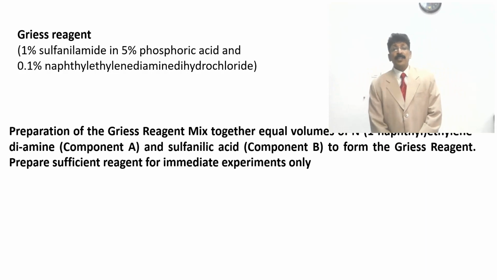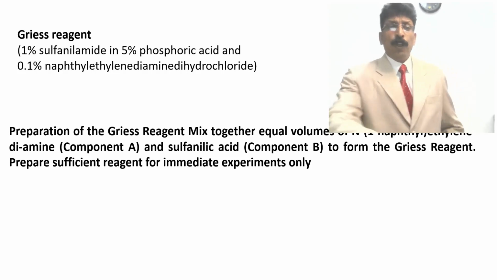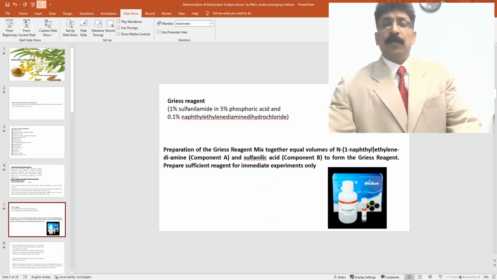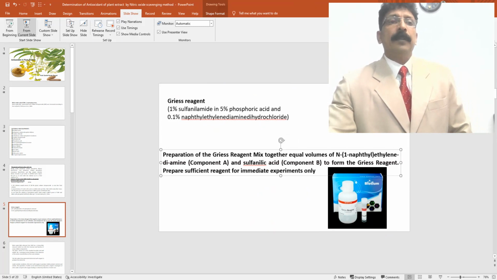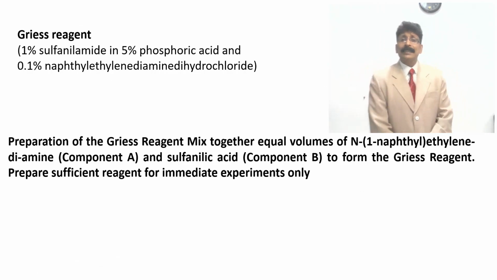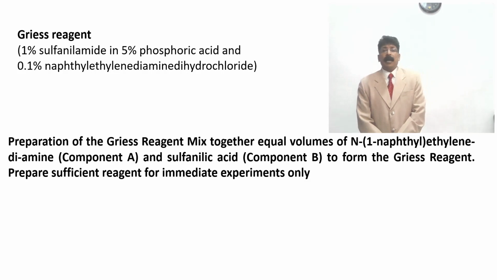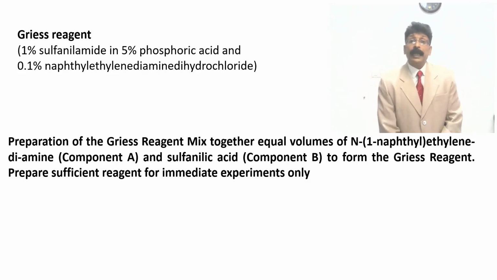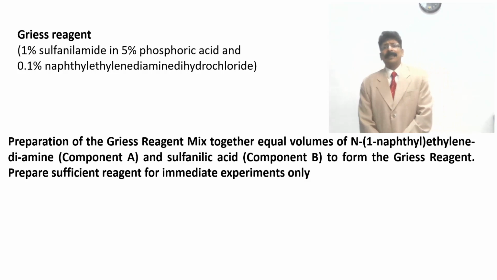For preparation of Griess reagent, mix equal volumes. Just a minute, I have to pull down so that you can see clearly. So you see here, preparation of Griess reagent: mix together equal amounts of N1-naphthyl ethylenediamine, that is component A, and component B, the sulfanilic acid, to form a Griess reagent.